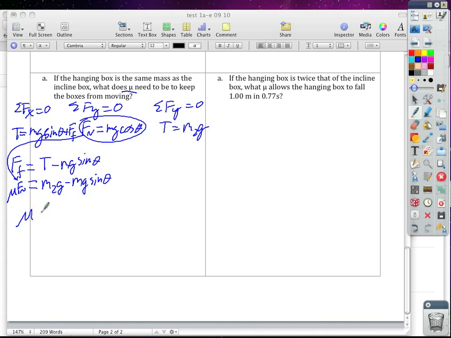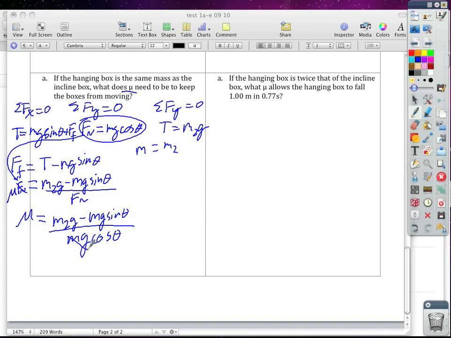And F sub n's right here, so we're going to substitute that in. And we get mu, actually, you know what? Let me go ahead and divide both sides by it, make life easier first. So mu is going to be equal to m2g minus mg sine theta over F sub n, which is mg cos theta. So if the hanging box is the same mass as the inclined box, that means m is equal to m2, doesn't it?